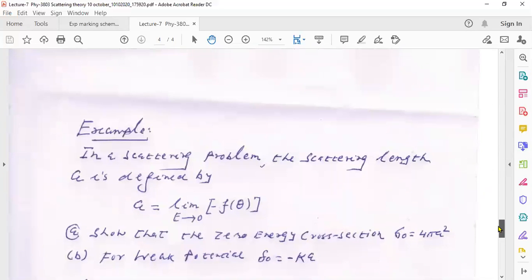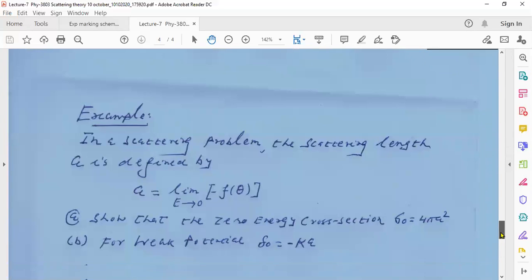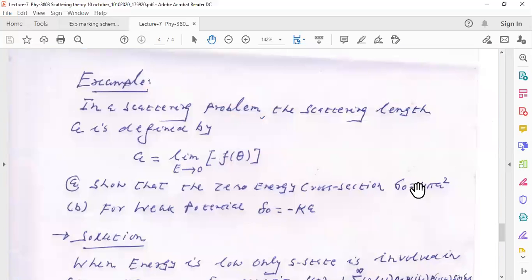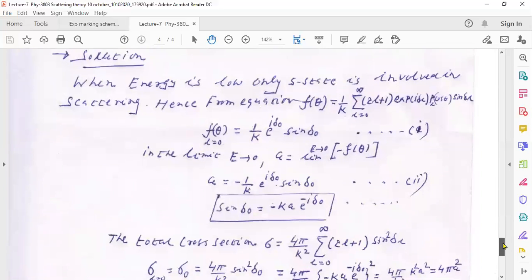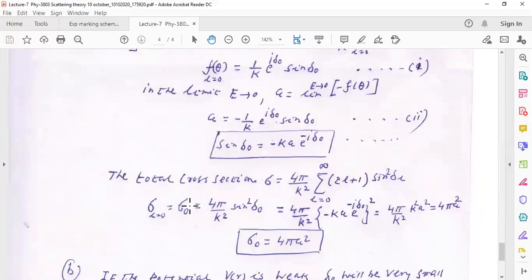This is the problem they ask. So σ_0 is 4π/k² times sin²δ_0, and sin²δ_0 is here.